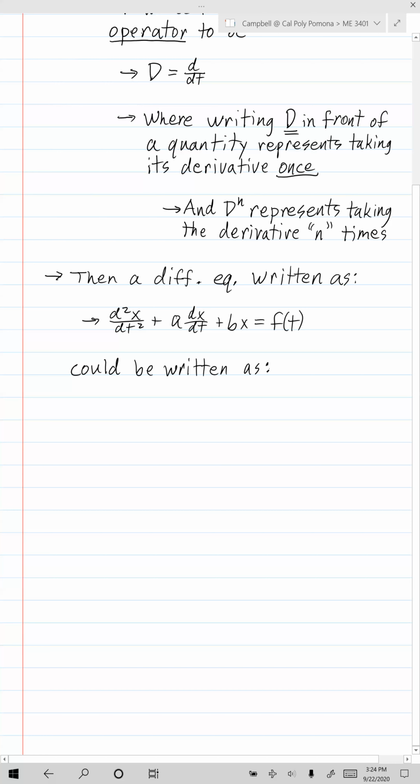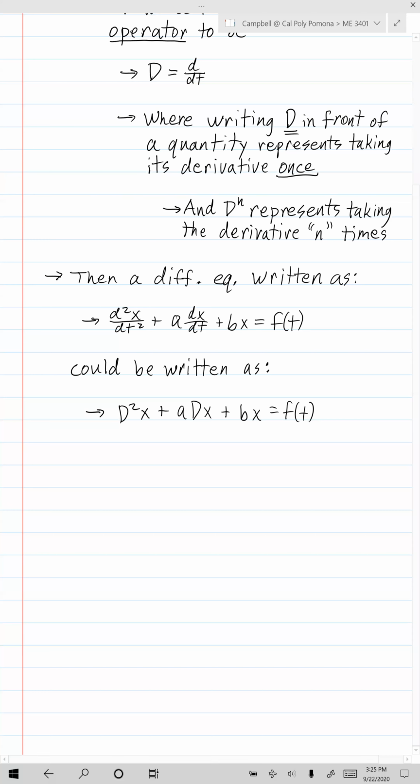So if we have that differential equation, it could now be written using this new notation as D squared x plus a Dx plus bx is equal to f of t. Now, because I'm using this as a stepping stone for what we're going to be discussing in the next couple lectures, I'm going to leave the notation this way.